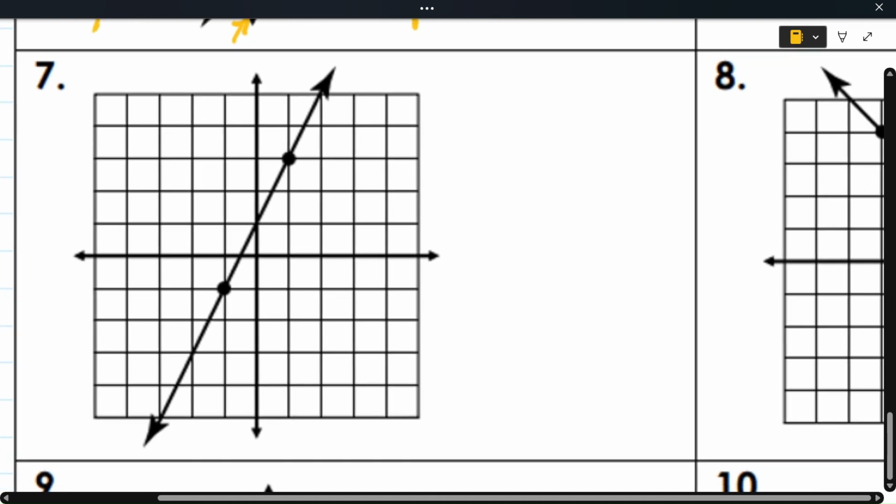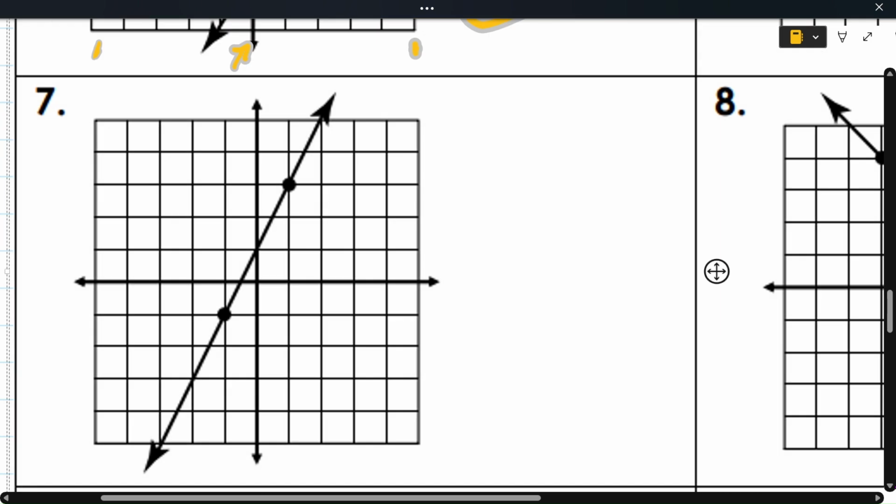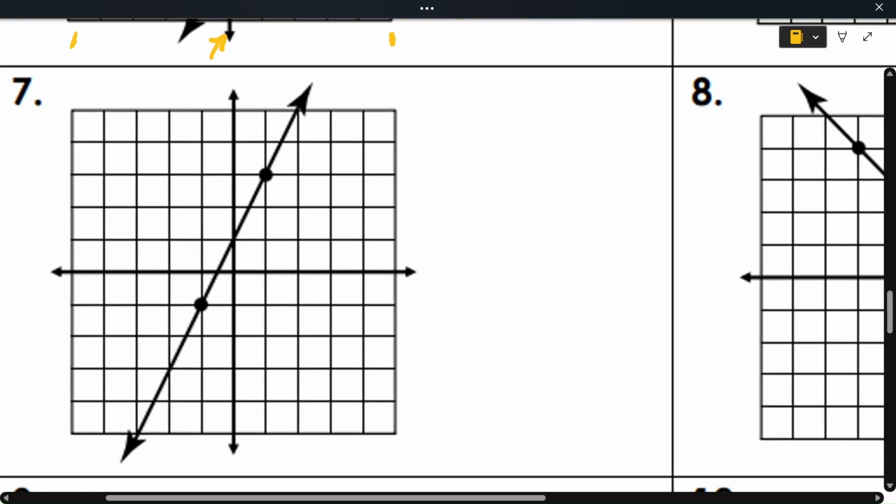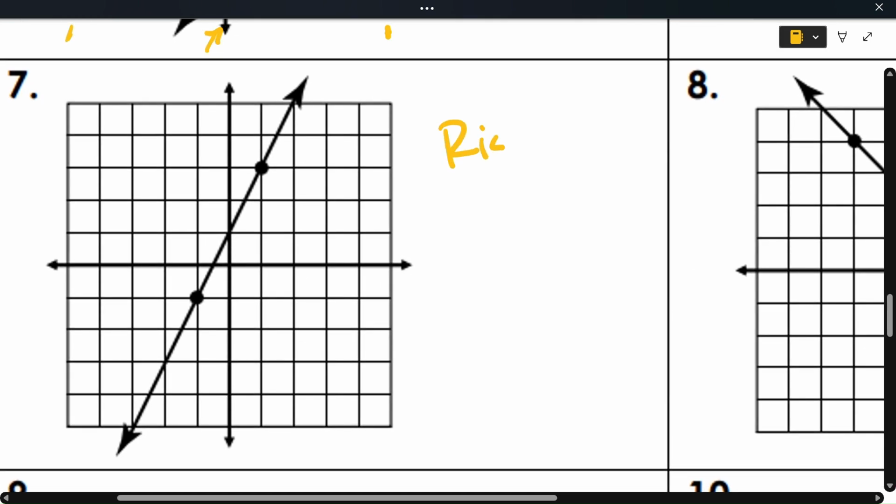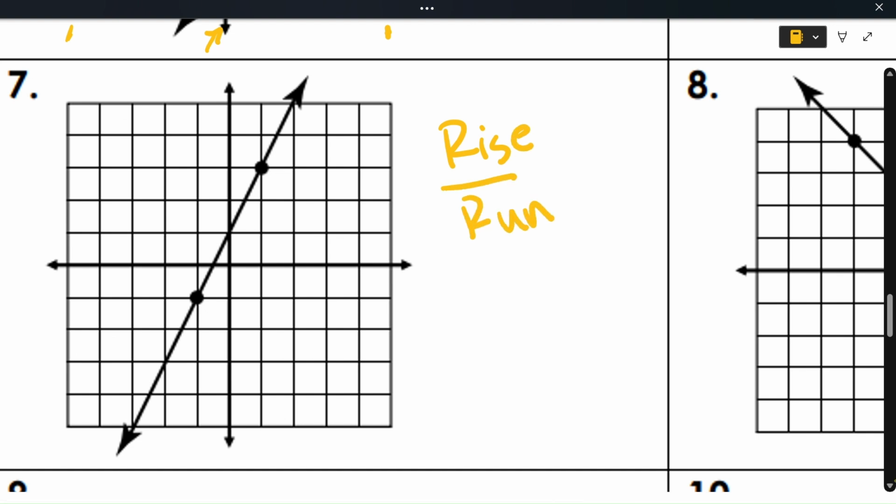Okay. Number 7, another one. Positive or negative? This is going uphill. This is going to be positive. Okay, let's find my rise over my run. I'm going to draw my triangle. I'm going to color my 2 points to make them a little easier to see. I'm going to do my rise. 1, 2, 3, 4.